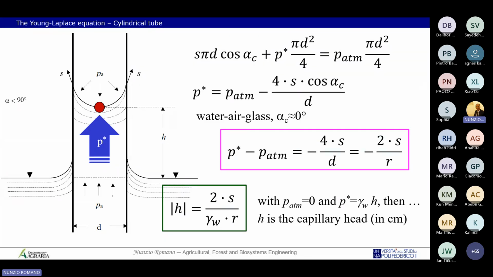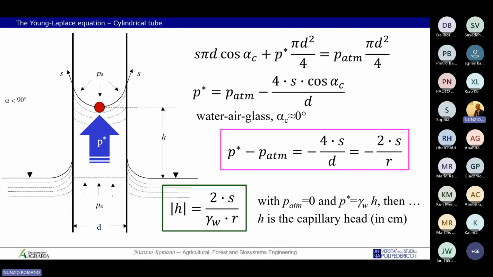And again, I also see from the chat, I hope that things are even clearer if you consider, as written in the lower part of this slide, that we consider the relative pressure. So this means that we can set the atmospheric pressure at 0. That means that P star, the relative pressure below the meniscus, is negative.